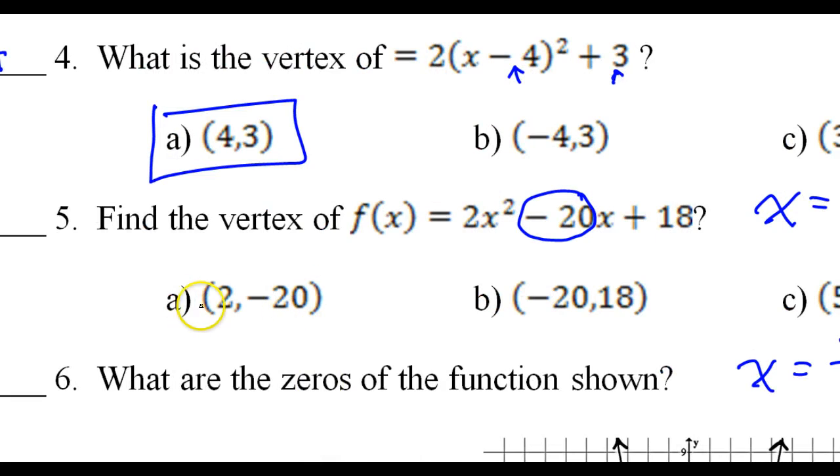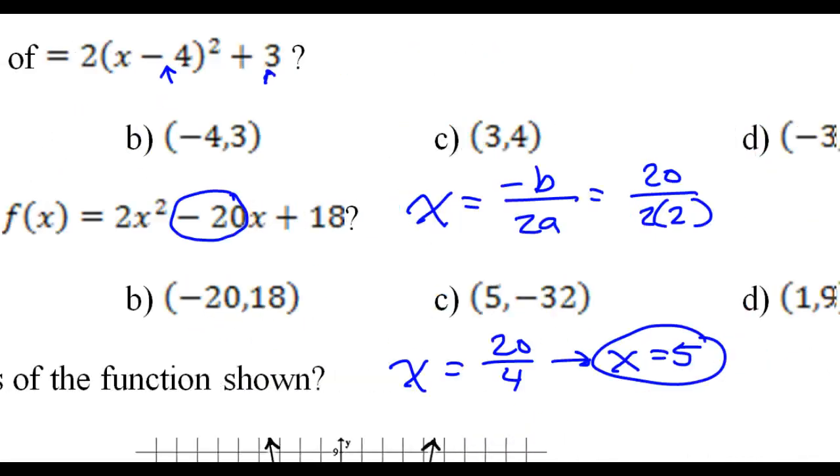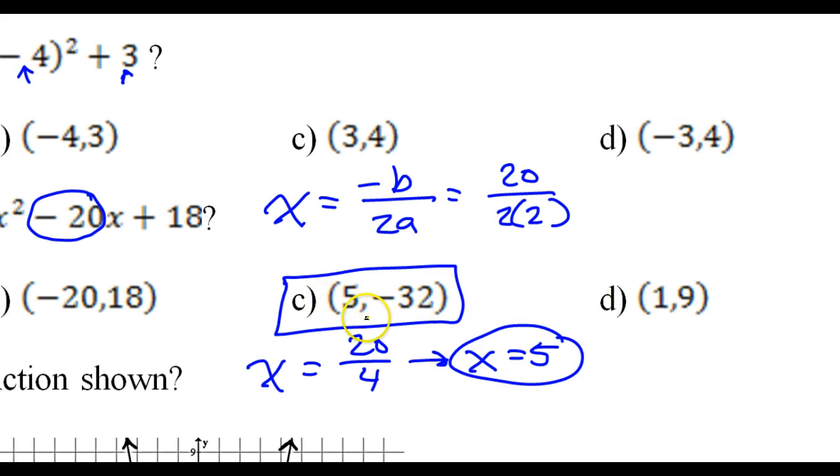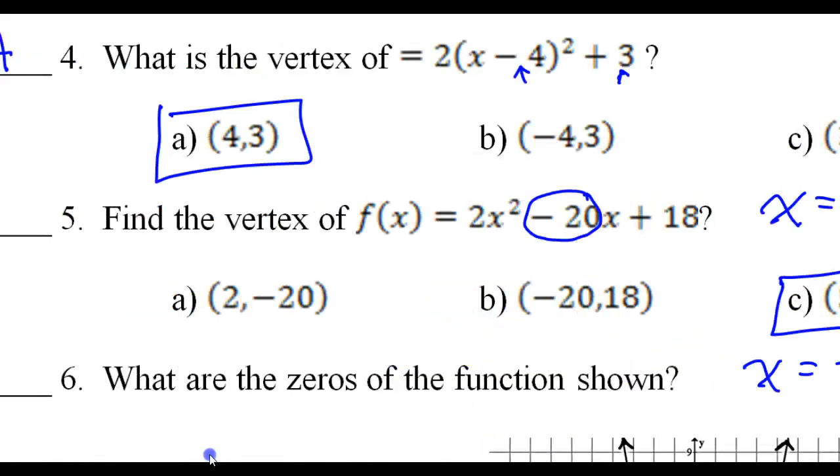That means the answer is not A, not B. It might be C, it's not D. So out of these choices, the answer had to be C. But what if they gave us more than one point that had an x value of 5? How would we know the right y value? Well, we would just take the x value of 5 and plug it in.